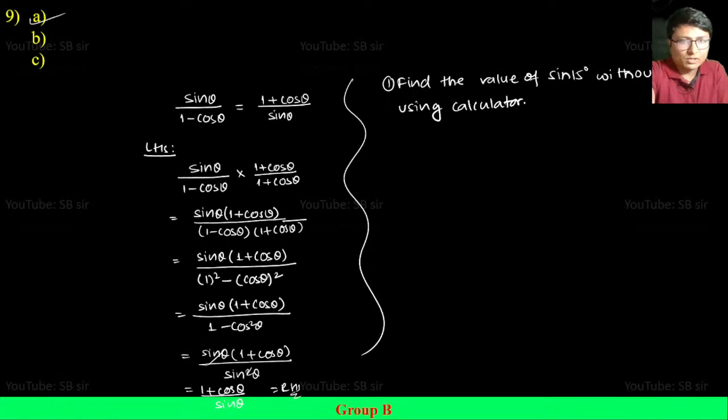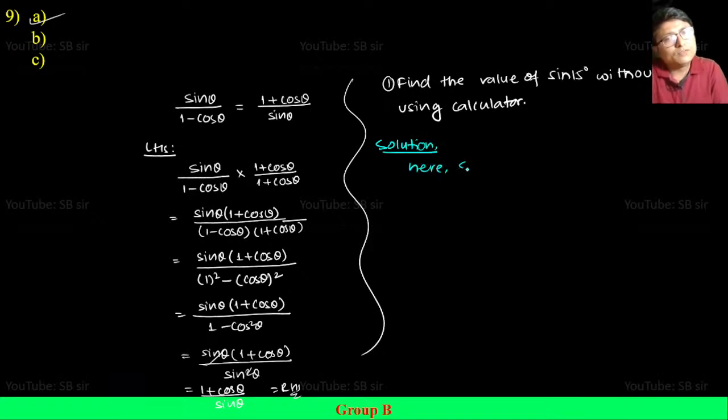What we have to do here is express this angle 15 degree in terms of the sum or the difference of compound angles, and use the formula of the compound angle to find the value of sine 15 degree without using the calculator. So let's do it. Let's solve it. Solution.